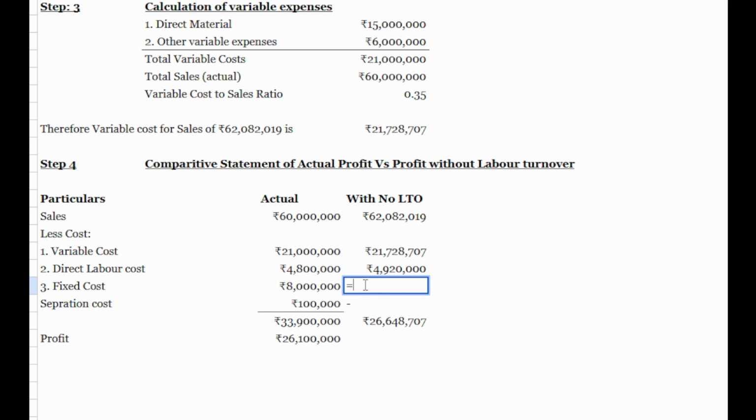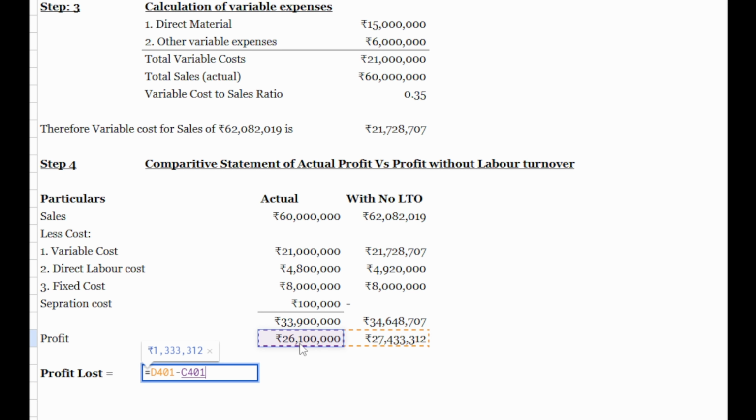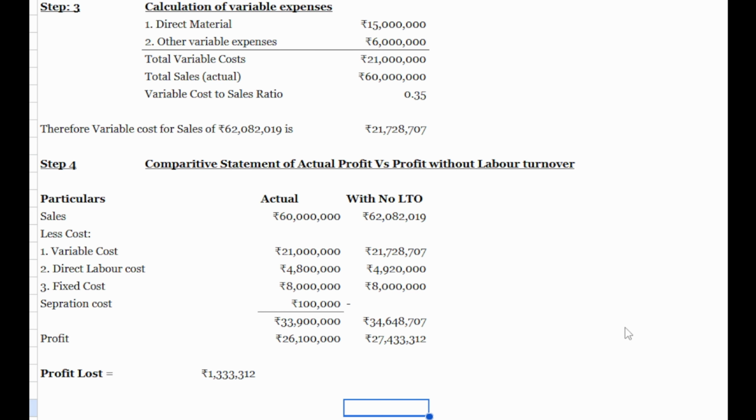Fixed cost, there is no change because it is fixed. And separation cost, there is none if there is no labor turnover. In this case, the profit is 274 lakh. Hence, the profit lost is the difference between this and this. So the profit lost is somewhere around 13.33 lakh. So this is the answer and this is the comparative statement.